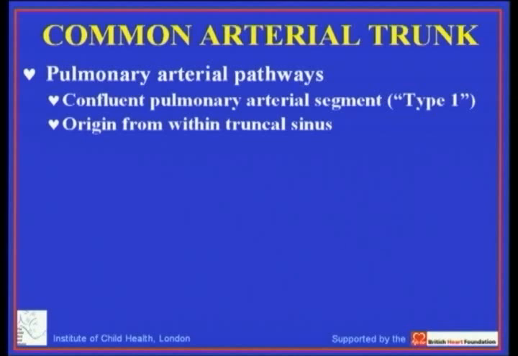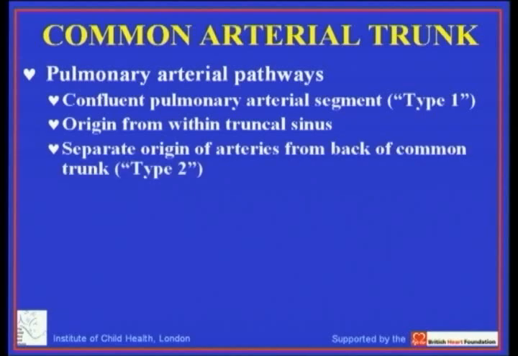And we now know that there is a variation in this pattern in which the confluent pulmonary arterial segment arises within one of the truncal sinuses, albeit that that is very rare. Collett and Edwards then distinguished their second type, in which the right and left pulmonary arteries arose separately from the back of the common trunk, which they dubbed type 2.